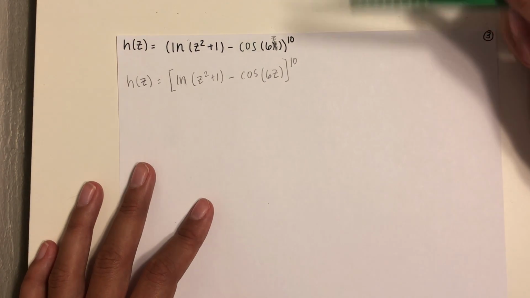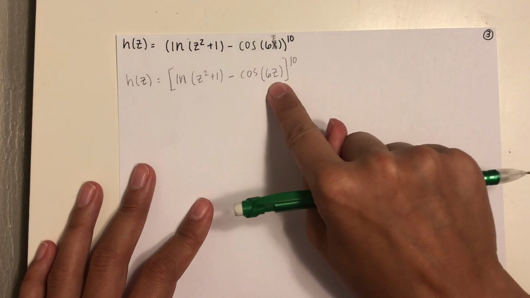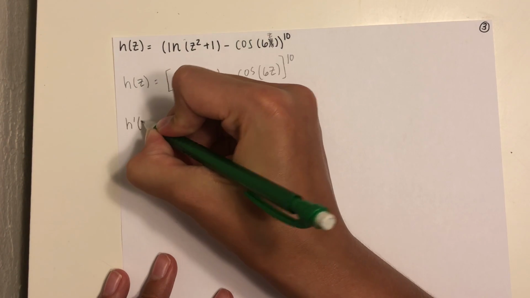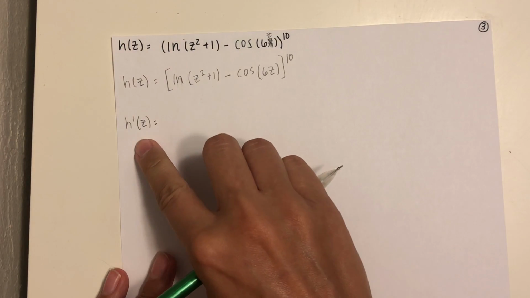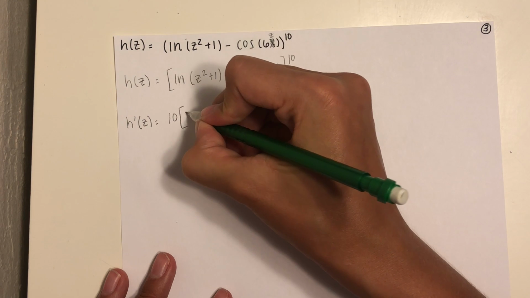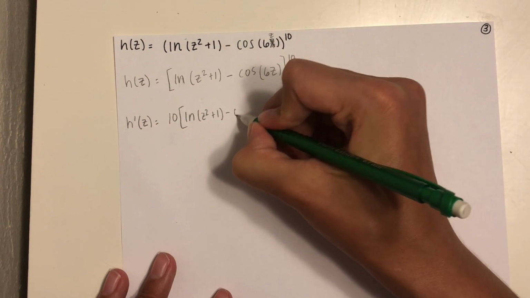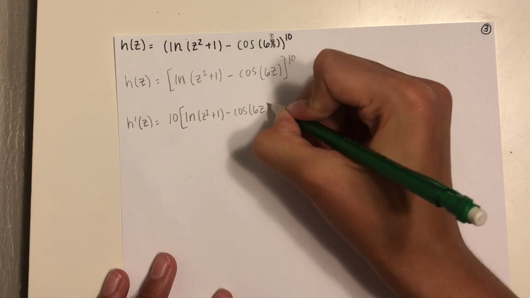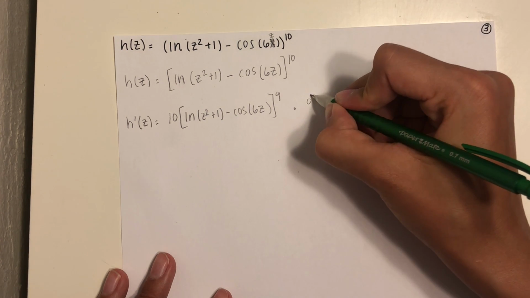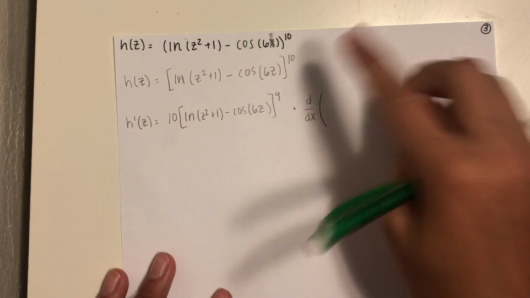So, like I said, you start with the outermost part. So see how this part is entirely in parentheses? We're going to ignore this, leave it as it is, and deal with the part outside of that first. So now I'm starting to take the derivative, so I'm going to use the h prime of z. I'm going to multiply the 10 to the front, leave everything else as is, minus cosine of 6z now to the 9th, and then I'm going to multiply it by the derivative of this entire inner piece.